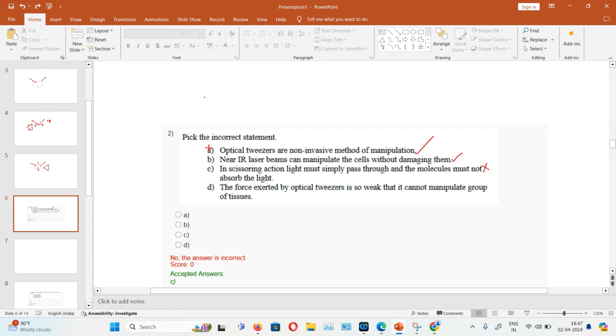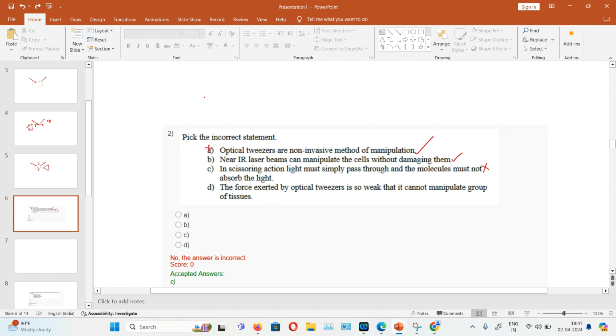So the statement is that the force exerted by the optical tweezer is so weak that it cannot manipulate a group of tissues. The force will be in the piconewton range, so it can be used to move some cells and some organelles in the cells.